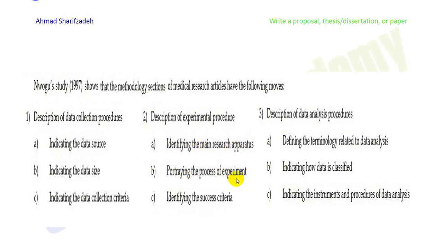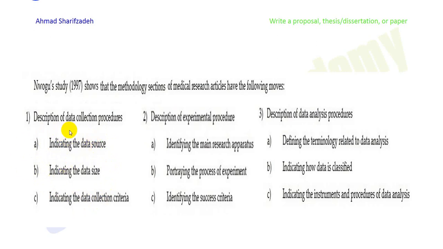Portraying the process of experiment, you have to tell the readers what happened, how you collected data from this sample, okay? Not necessarily people all the time. You might collect data from some animals, okay? Some fish. Or you might collect data from some molecules, okay?